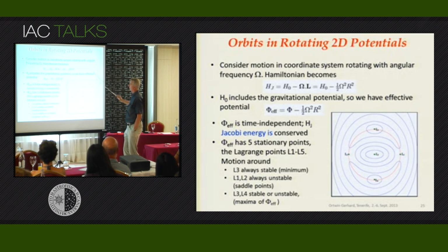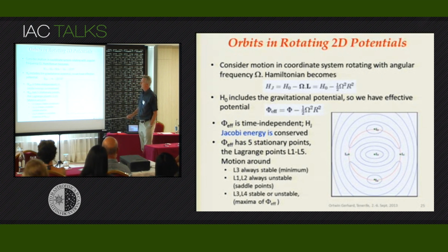And there's two along the major axis, L1 and L2, which are always unstable. They're sort of saddle points. You can see that the potential will rise towards this end, and then it'll have this convex shape in the other direction as you leave the inner regions.